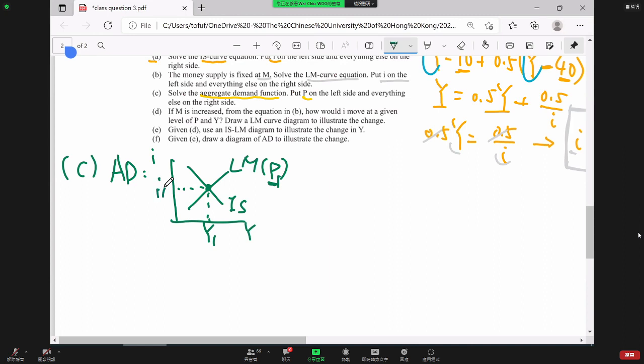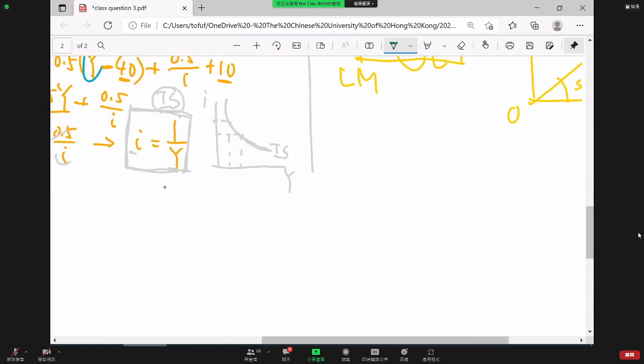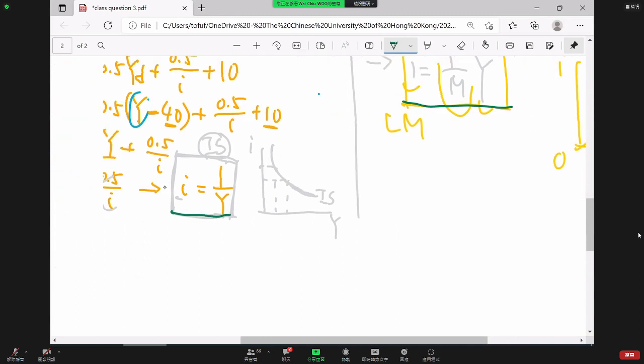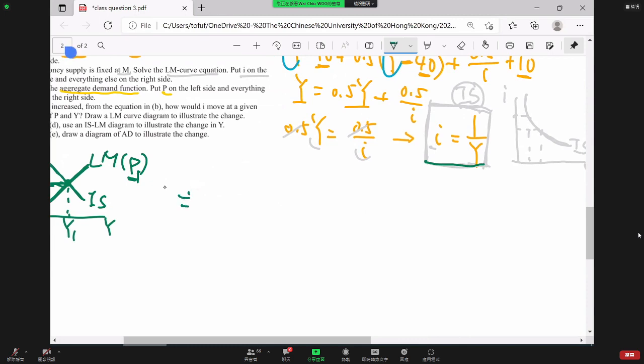Something like this. But when you have IS and LM intersect with each other, they share the same interest rate. So when you derive the AD, it must be involving the IS and the LM. They are at the same interest rate. So you just put IS and LM together. IS is this.